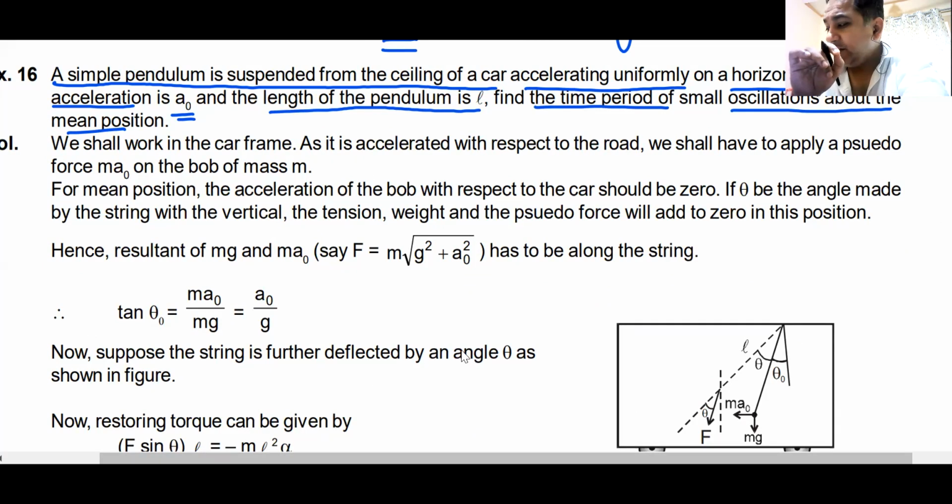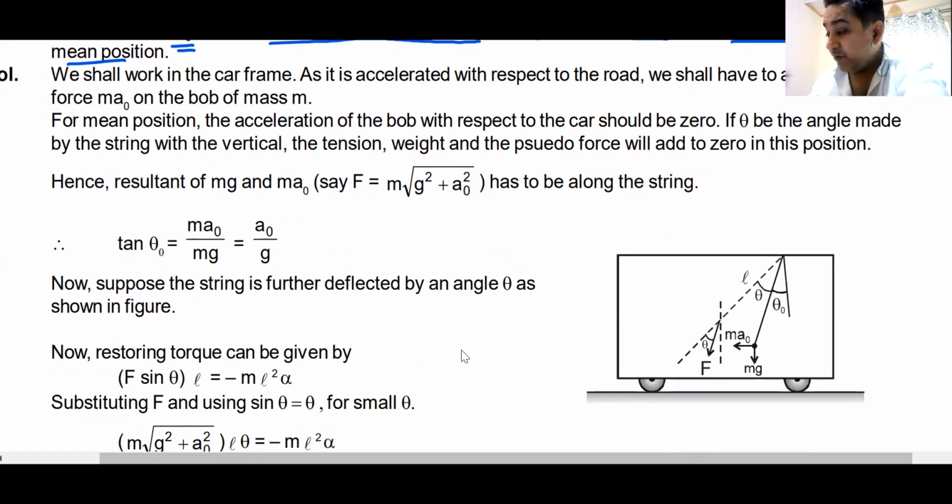Try to understand here that the mean position of this pendulum has also changed. That is one thing that we'll look into. Where is the mean position? You can see here, this is the original mean position, which is vertical.